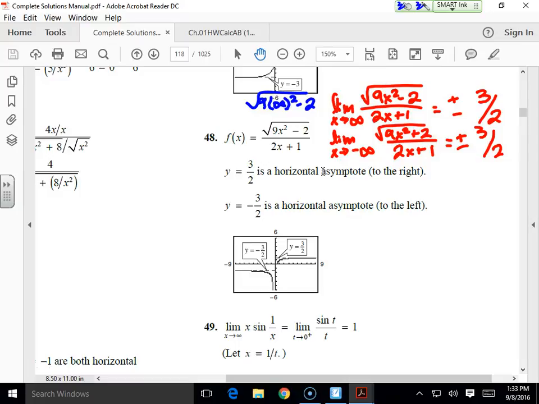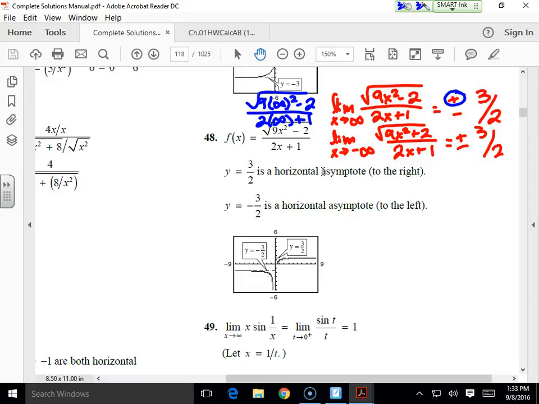What kind of number is that? Positive. There's nothing to make it negative. The 2's not strong enough, so he's a positive. Over 2 times positive infinity plus 1. Positive. So a positive over a positive? Positive 3 halves is the limit as I go to infinity of my function.